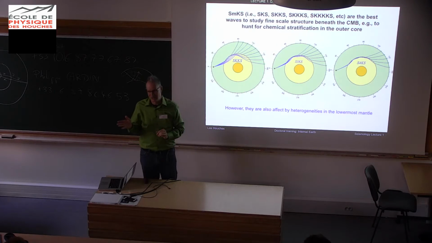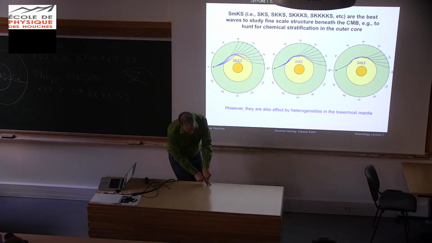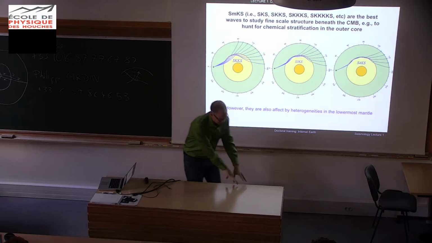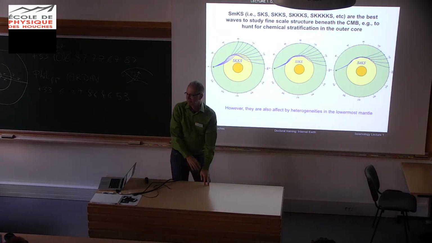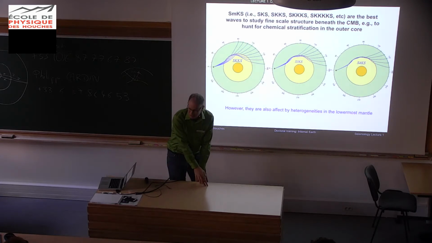There's two things. One, the heterogeneity is at tens of kilometers for some of these waves. Just ignore that. If I have two waves coming down here really close to my core mantle boundary, I could say this long wavelength heterogeneity, I'm immune from it because it's not going to separately affect these.